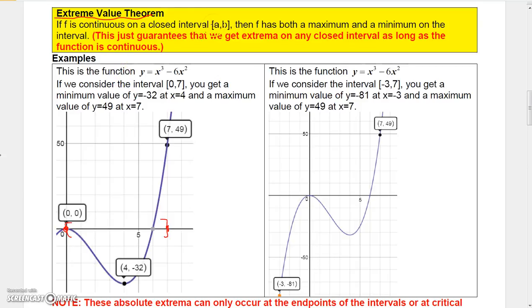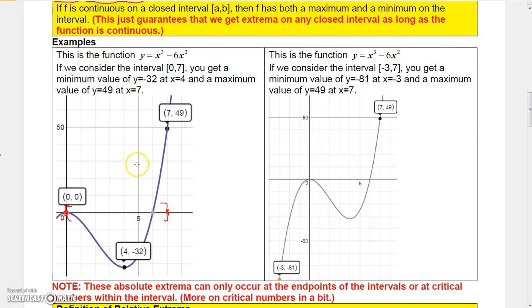Basically what it's saying here is that as long as this function is continuous, and this function down here is continuous, then f will have both a maximum and a minimum on the interval. In other words, we're guaranteed that we'll have both extreme values on the interval.